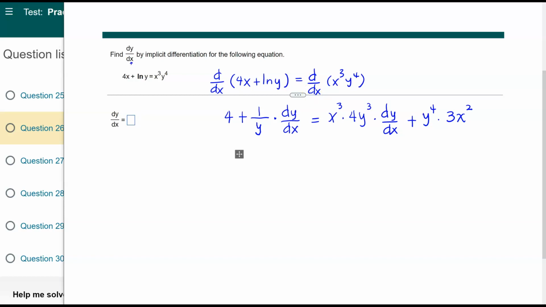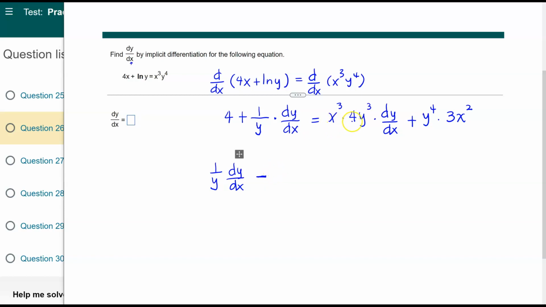Next is to group all those expressions with dy/dx. So you have, in this case here, you retain this. You have 1 over y dy/dx. Now this expression here will be moved to that side. So that will be a minus. So to remove this, you put a minus.